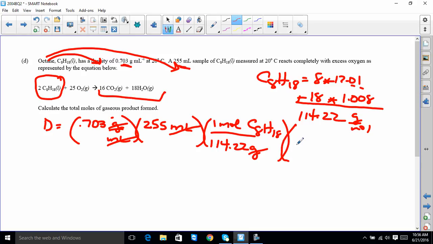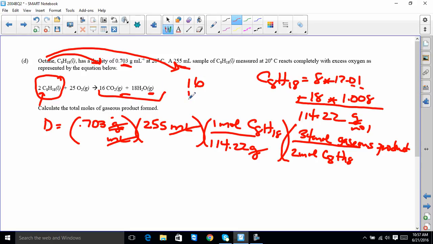Now, you can see on the balanced equation that what's in front of the octane is 2 moles of octane actually makes 34 moles of gaseous product. Where does that 34 come from? This is a G, this is a G, 16 moles and 18 moles is 14, carry the 1, 34 moles.